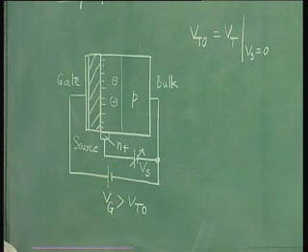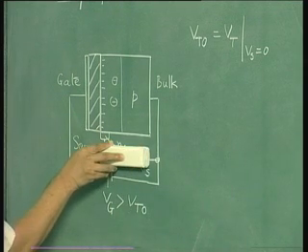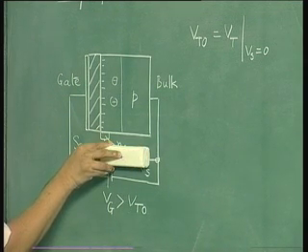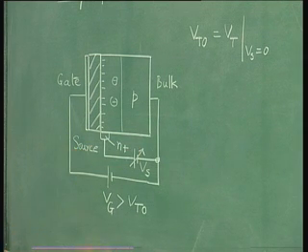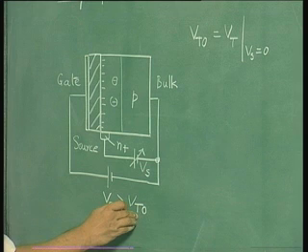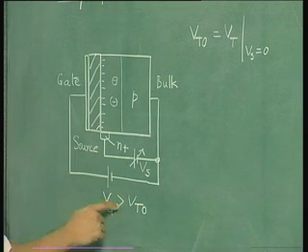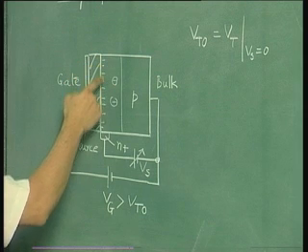So in other words, we have the N plus contact, but we don't apply this Vs, so we blank out this Vs, there is no Vs, and we apply a gate voltage which is much more than the threshold voltage corresponding to the condition when there was no Vs. So that ensures that you have a sufficiently large inversion layer charge.